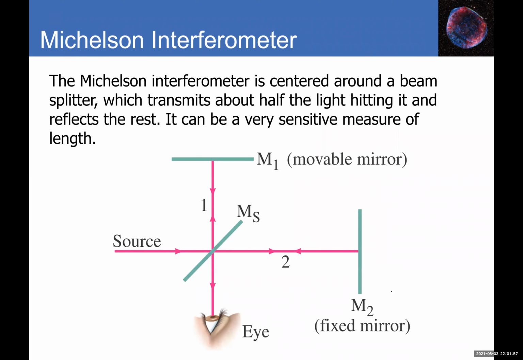All right, so the next few things is just kind of like optional extra information. Here we have a Michelson interferometer. So this is just an experiment that allows us to make very precise measurements of length.